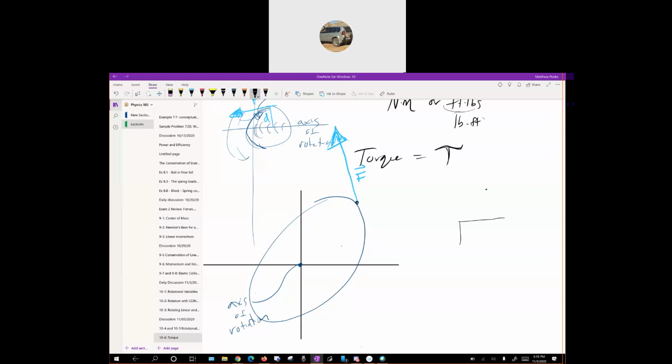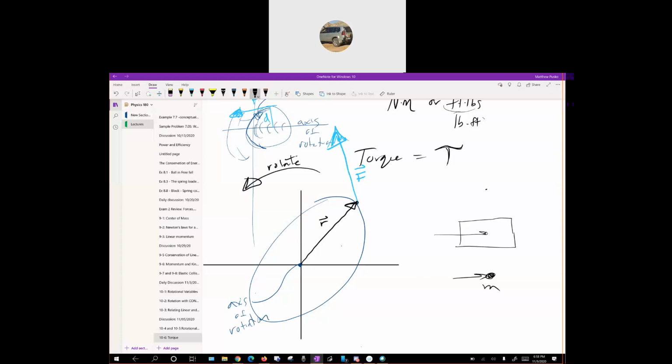Everything we've done up till now, all of our forces we were able to represent as just a mass, and all of our forces just acted through the mass center and caused no rotations. But if we let this force act at some distance r, this thing's going to want to rotate. We'll get into the mechanics of the rotation in the next video, but just know that's where we're headed.